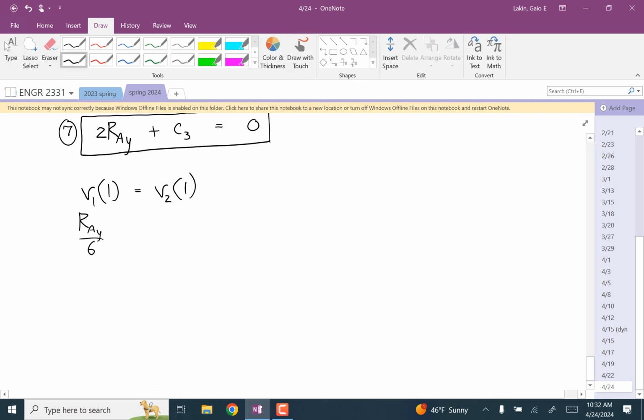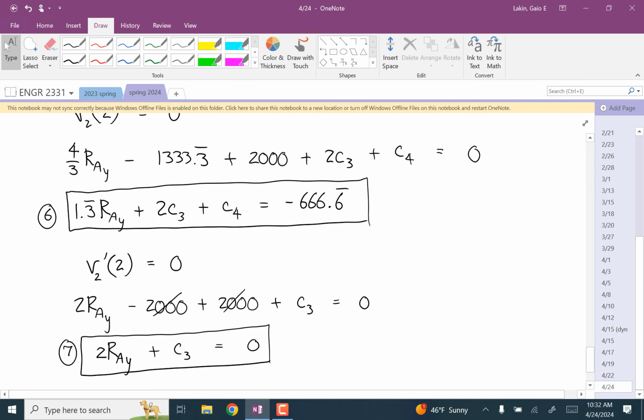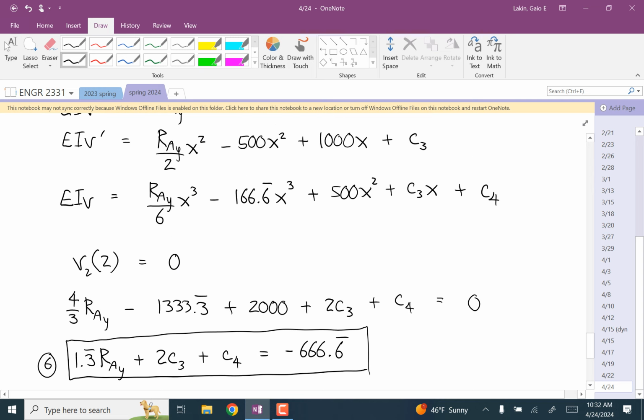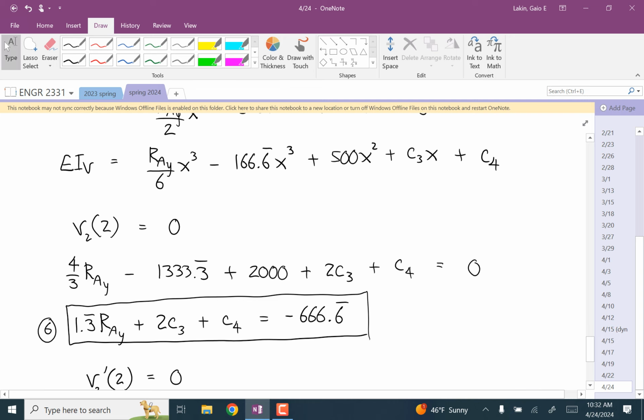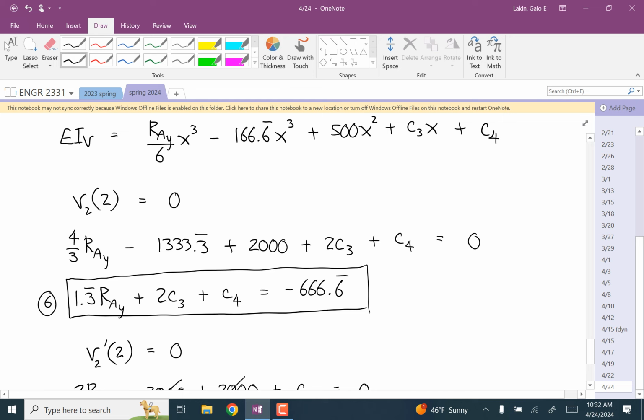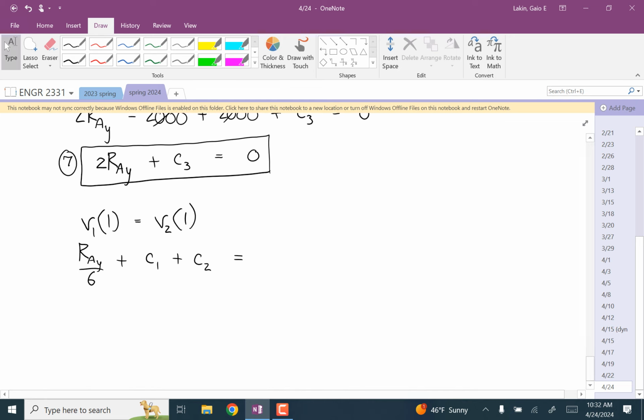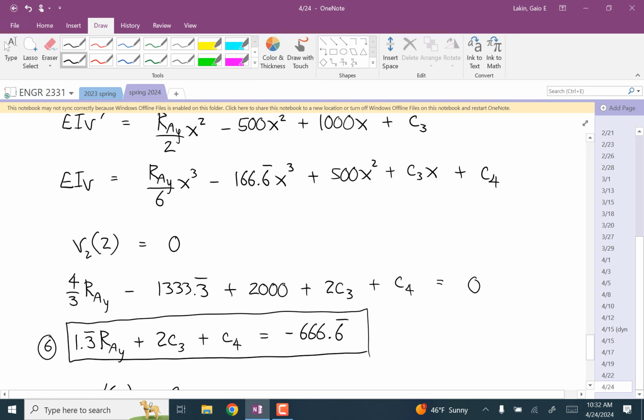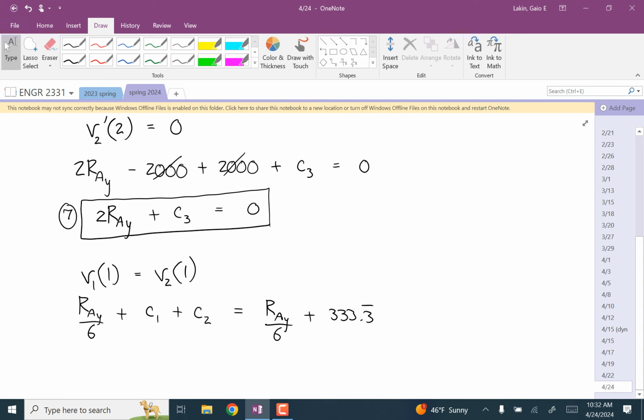So RAY over 6 plus C1 plus C2 is equal to, now using the second function, RAY over 6 plus 333.3 repeating plus C3 plus C4.